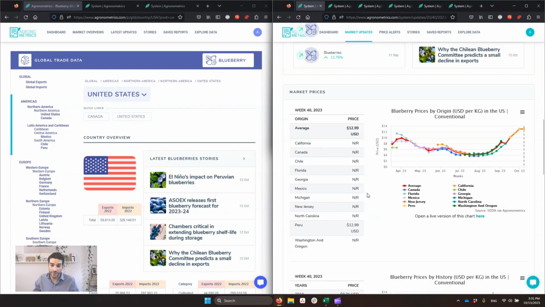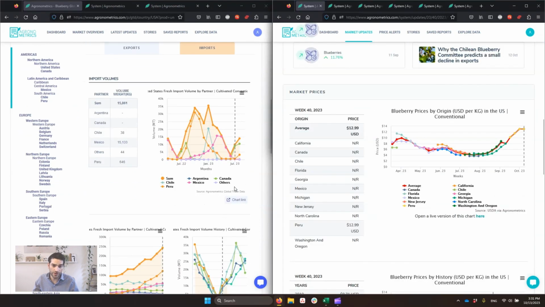So what's the difference? I think there's a couple really big ones. On one hand, the information made available by the USDA has much lower resolution or higher resolution. I'm not really sure what the technical term is, but the information available by the USDA is made available daily. So we can look at the pricing daily, we can look at the volumes daily.